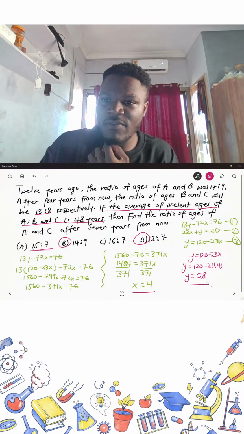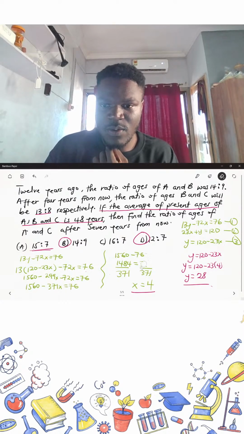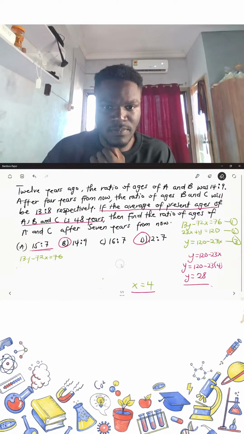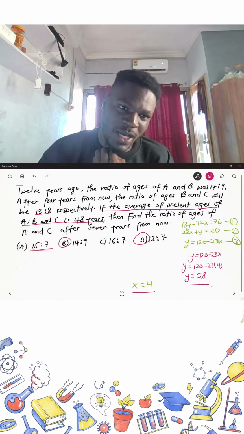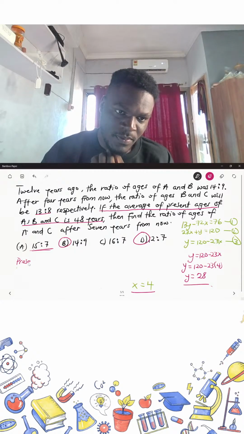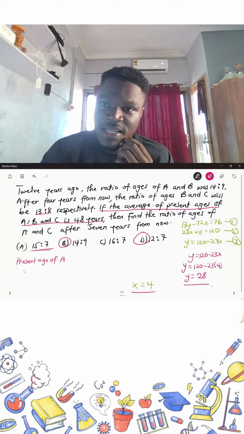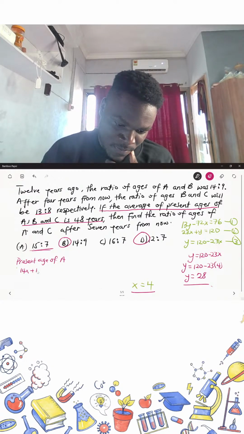All right. So now that we have the value of A and B, let's proceed. So I will erase everything here. Okay. So let's look at the present age of A. Now the present age of A, we said was 14x. 12 years ago, it was 14x plus 12.